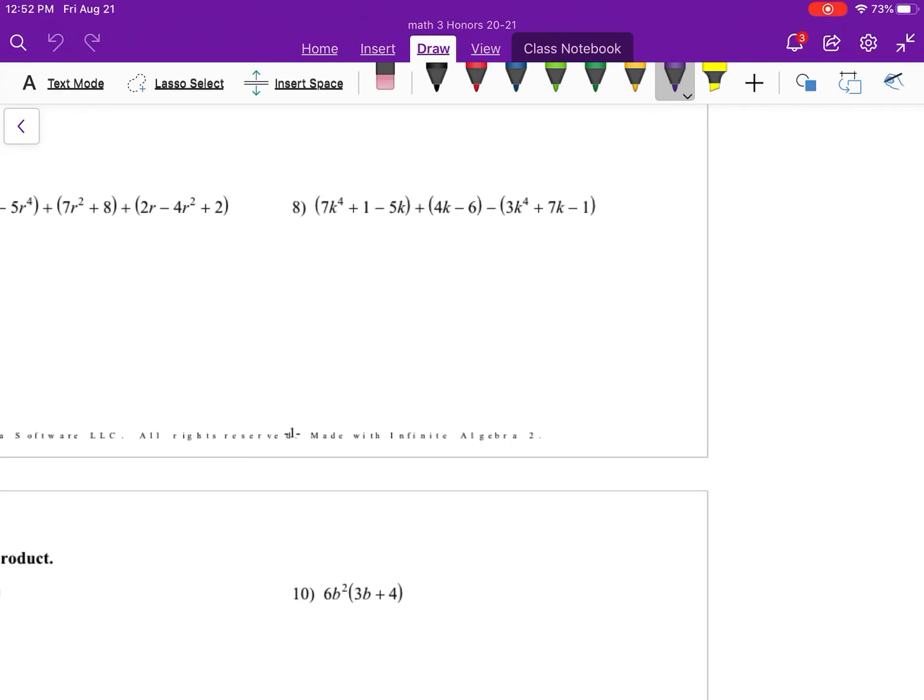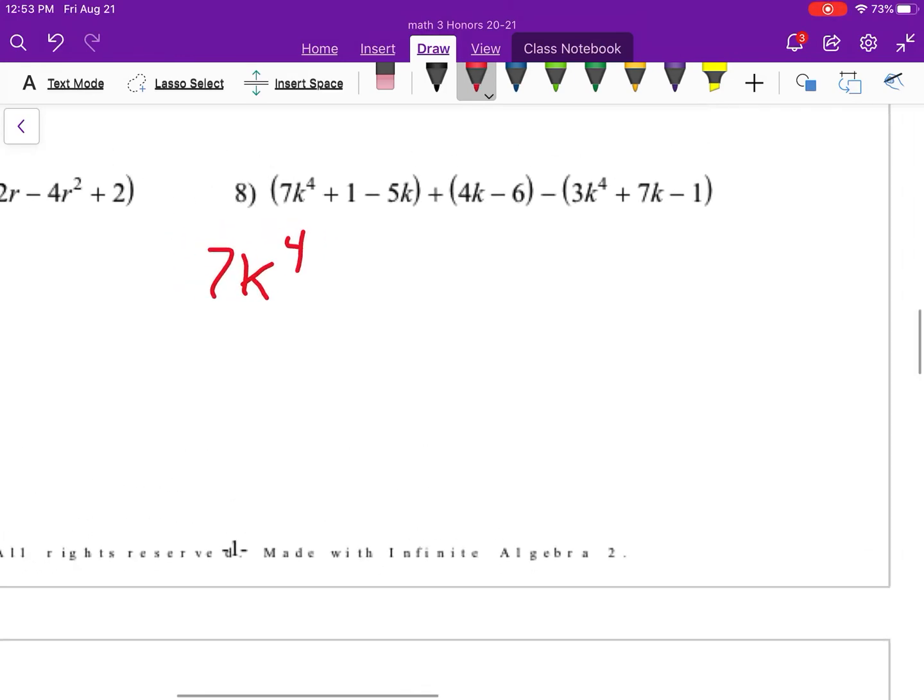Again, just seeing the different polynomials being added and subtracted here shouldn't scare you. So think of it, again, the same way. You're dropping these parentheses, so you get 7k to the 4th, plus 1 minus 5k. I'm going to zoom in just a little bit. And then I'm just going to use different colors for the sake of separating the different polynomials that are being added, subtracted.